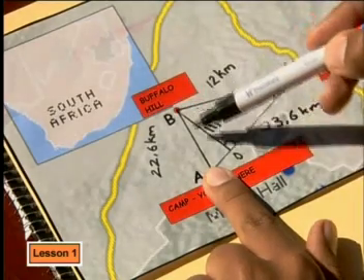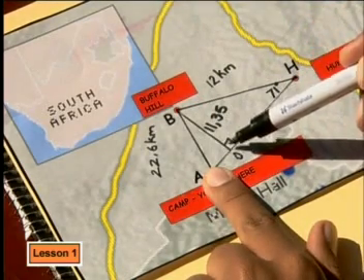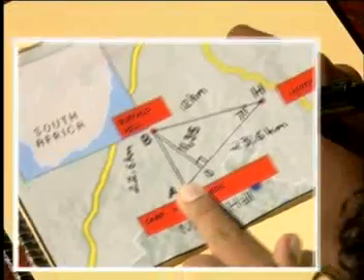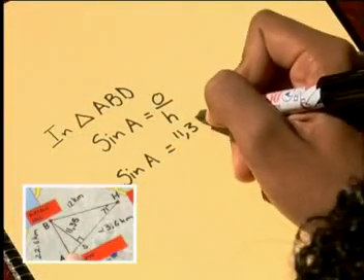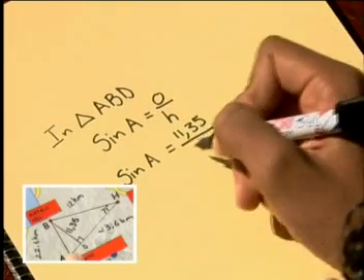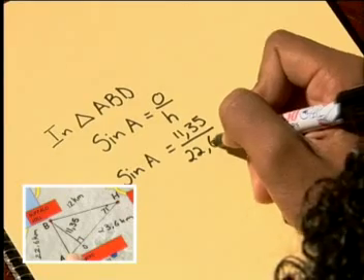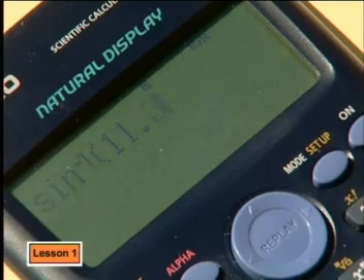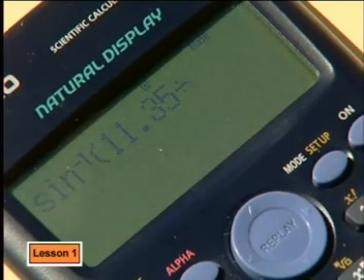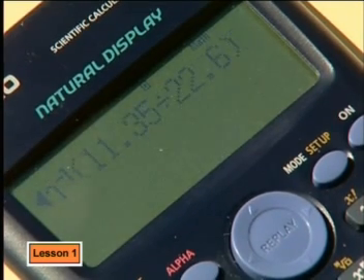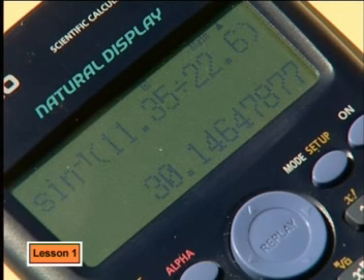AB is the hypotenuse because it is opposite the 90-degree angle, and BD is the opposite side, so I can use sine A. Sine A is opposite divided by hypotenuse, so that's 11,35 divided by 22,6. I'll do the calculator work. 11,35 divided by 22,6. Then to get A, I need the inverse of sine A, and that's 30,1 degrees. I guess 30 degrees is close enough.